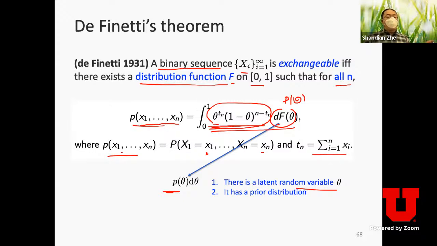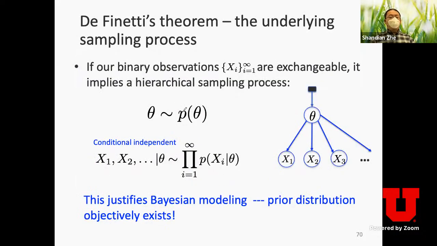Then you get this marginal joint probability over x1 to xn with theta marginalized out. That's what de Finetti's theorem tells us. In other words, the theorem exposes the fact that there is an underlying sampling procedure to generate an infinite exchangeable binary sequence.